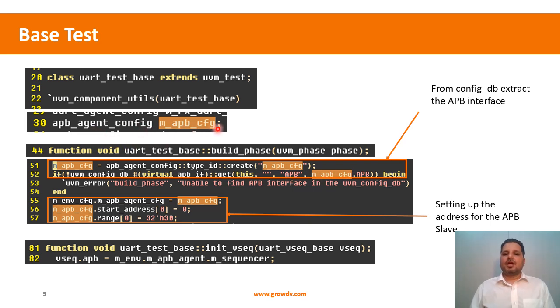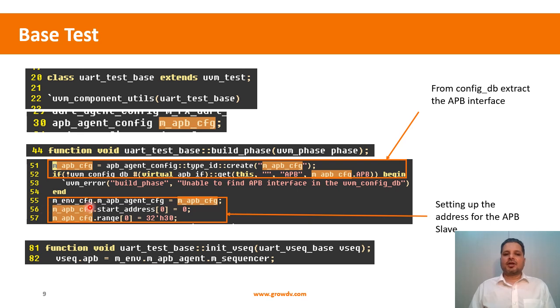So in the APB agent config we have the handle for the APB interface, and this one is extracting that APB interface into the agent config. Okay, and then additionally, whatever this APB config that it has created, it's making it a part of the environment config.